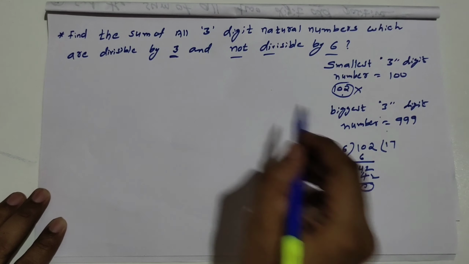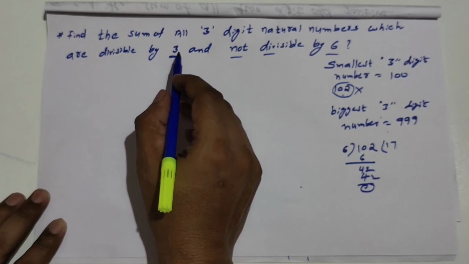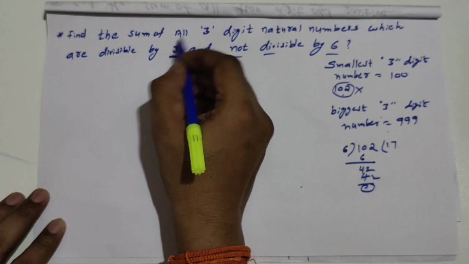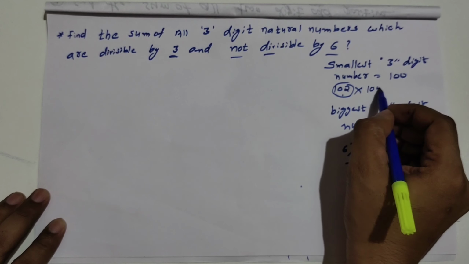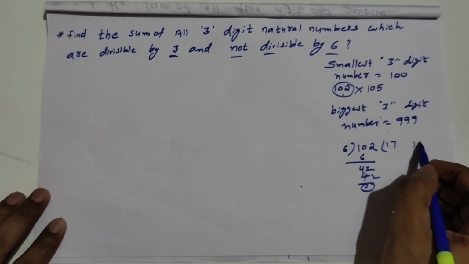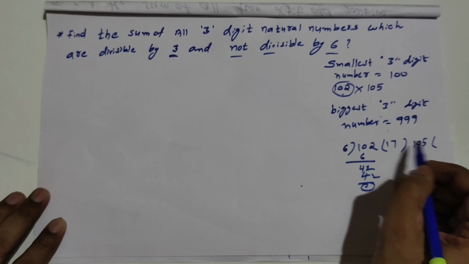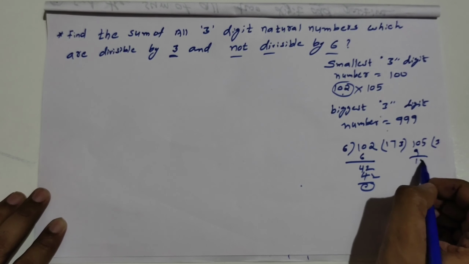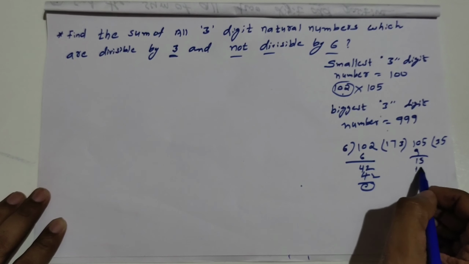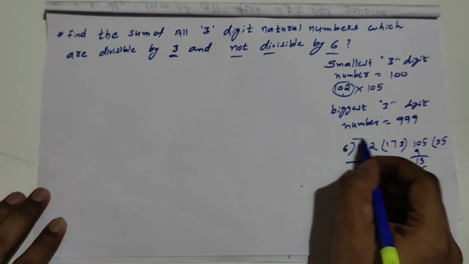Why? As we know, we have to take only the 3-digit numbers which are divisible by 3 but not by 6. Now select 105. As we know, 105 is exactly divisible by 3, but it is not divisible by 6.